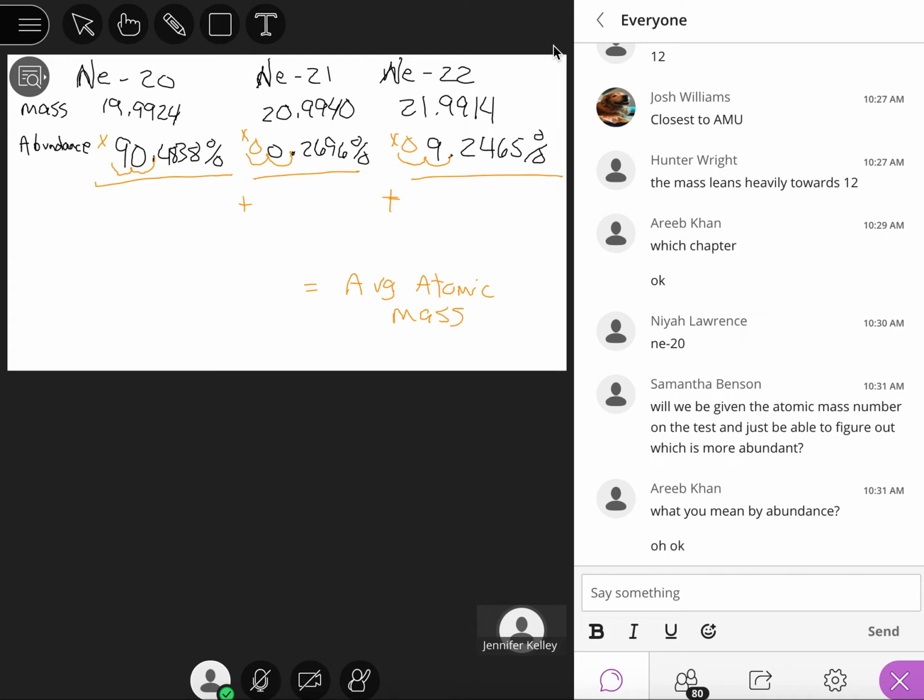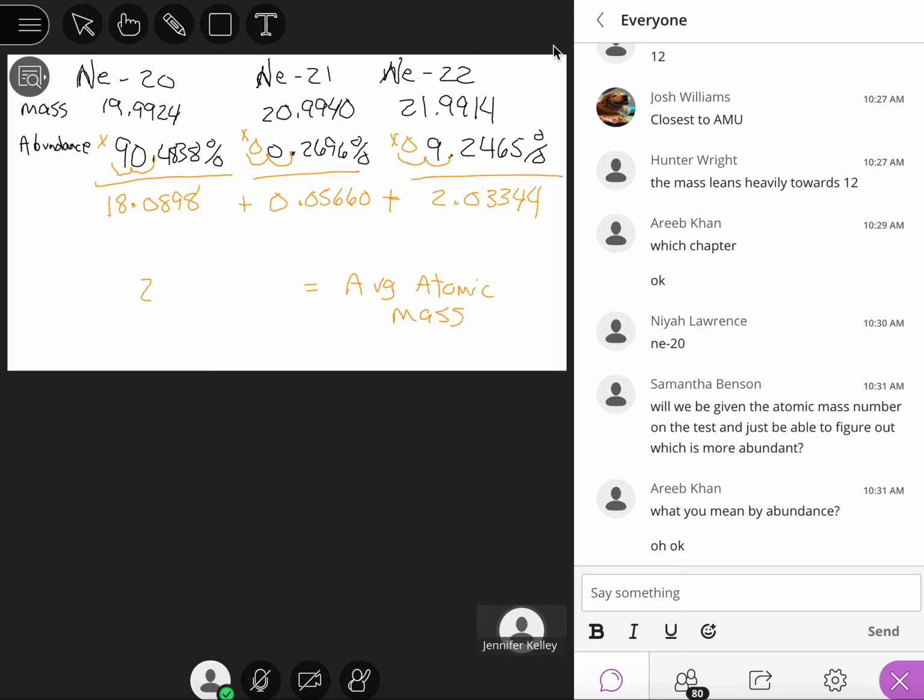When you multiply the first one for neon 20, you get 18.0898. And then for the next one, 0.05660. And then 2.03344. And then the last step is just to add those things together.